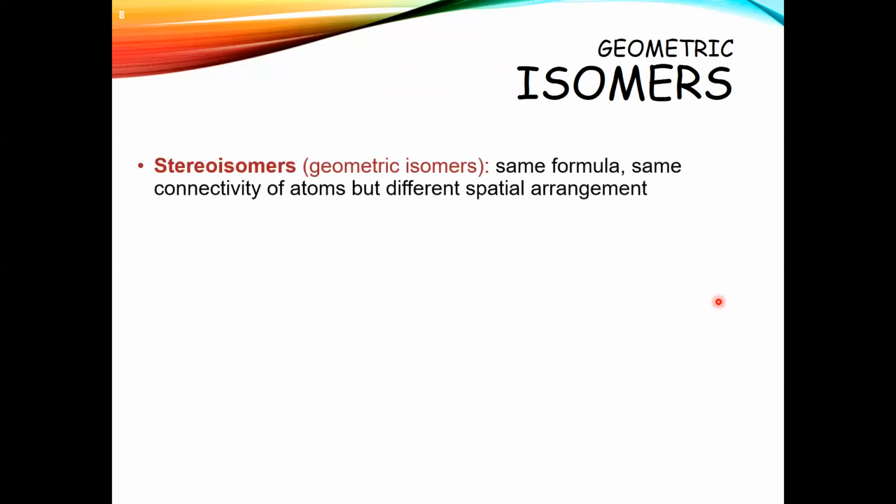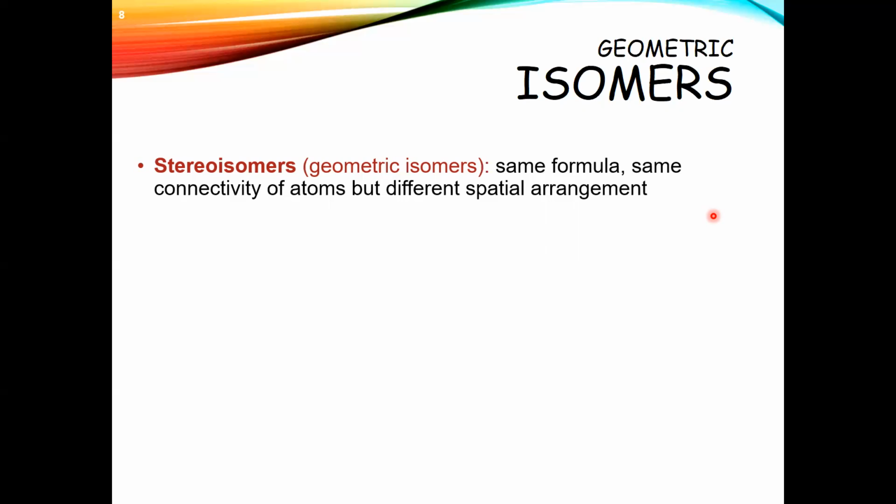Now let's go into a different type of isomer, a somewhat more complex type of isomer. This is our stereoisomer. In this type of isomer, you have the same formula, you have the same connectivity of all the atoms, but they're just pointing in different directions.